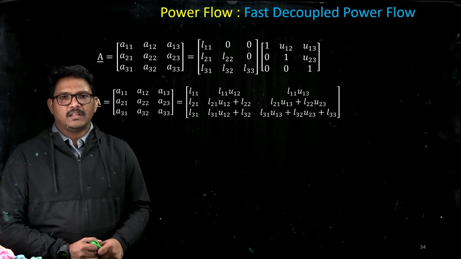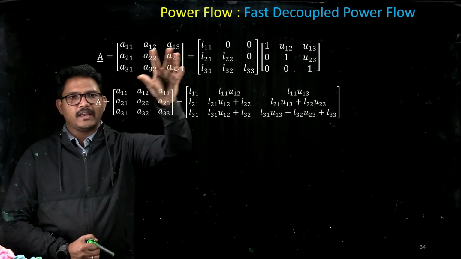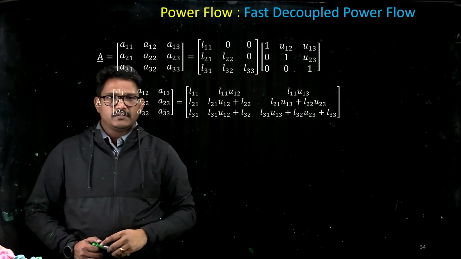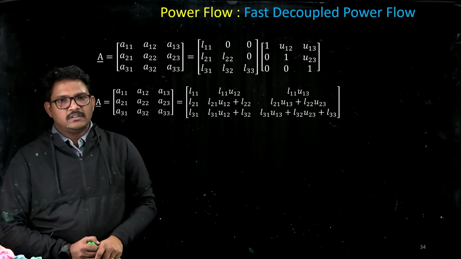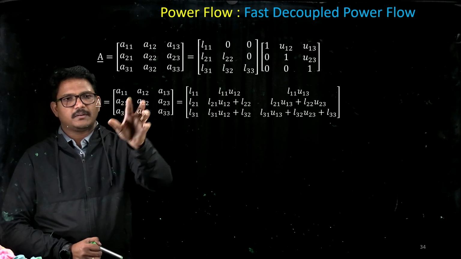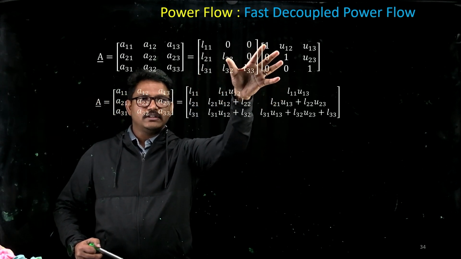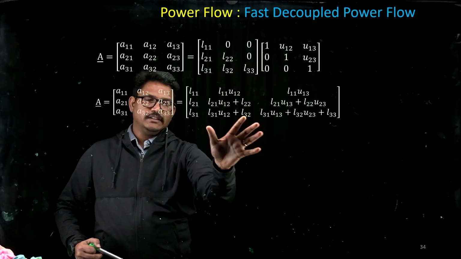Now let's say you have a 3 by 3 matrix and you wanted to find the LU factors for that. That is also a very simple process. Suppose you have an A matrix and that is being represented as L and U, then you can see that the product of these two matrices is something like this.